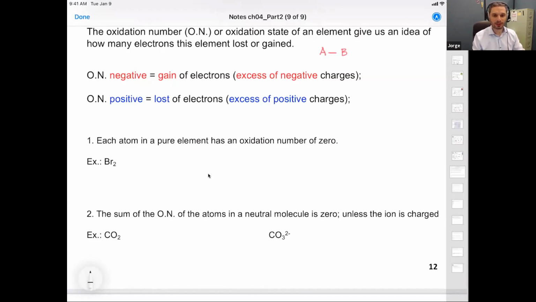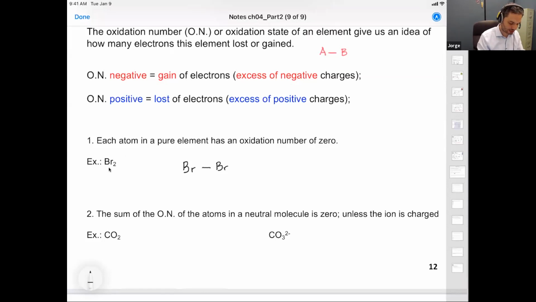So let's start with rule number 1. Each atom in a pure element has an oxidation number of 0. Let's give here the example of Br2. When I write Br2, that means we have 2 bromine atoms that are sharing a pair of electrons.